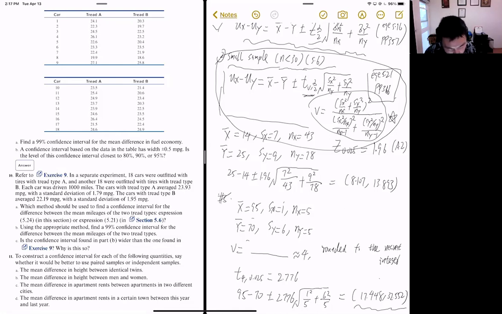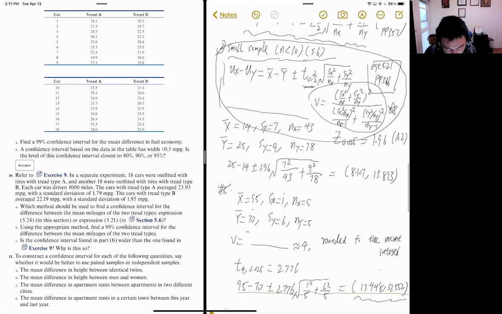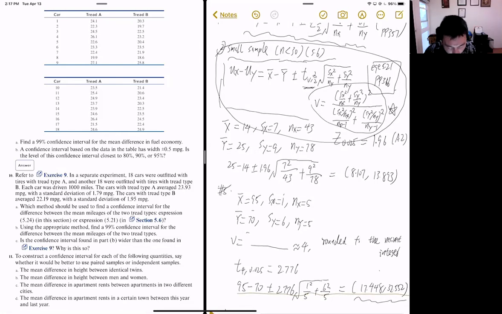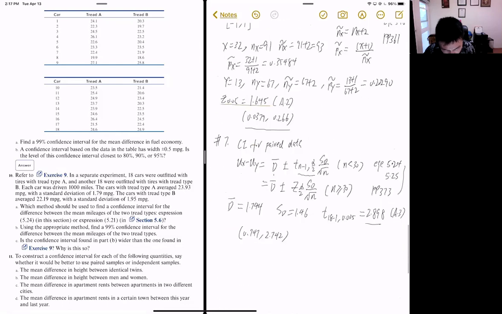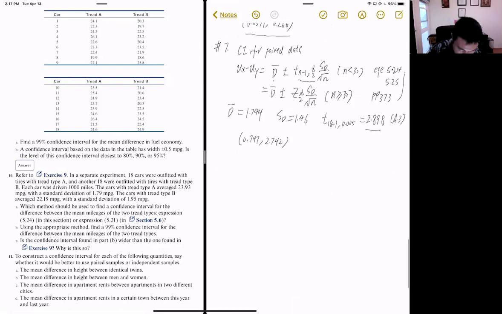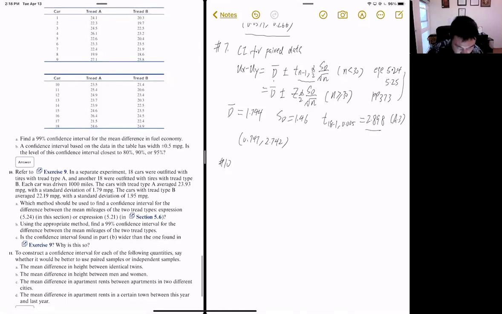So let's use this equation, the small sample confidence interval for the difference between two means, to solve question number 10. The mean values and standard deviations are all given by the question.